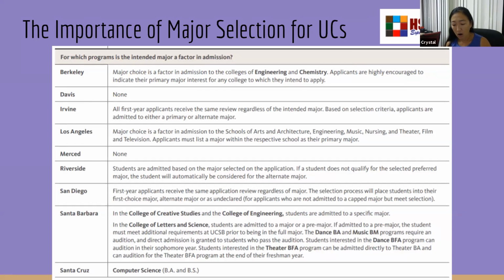Any college that says that all the majors receive the same review process, they don't mean that every major is equally likely to help a student get in. They want to see students who are choosing majors outside of the main 10, and I'll actually show you a list of what they self-reported as their most popular majors across the UC systems.